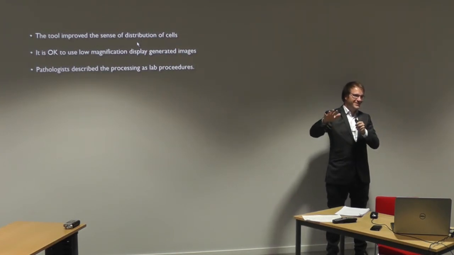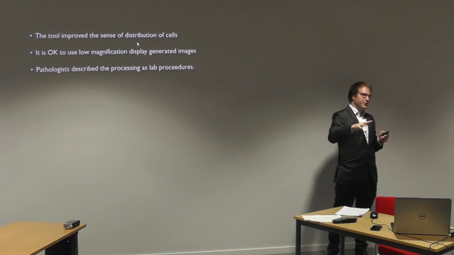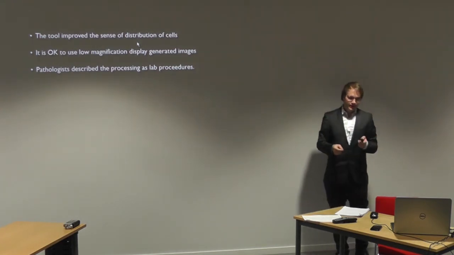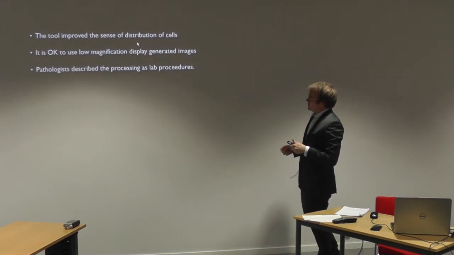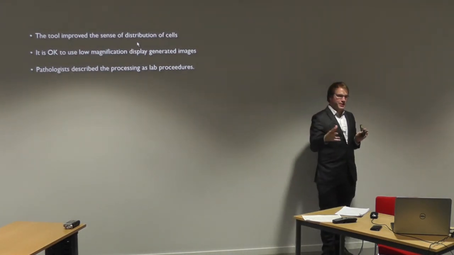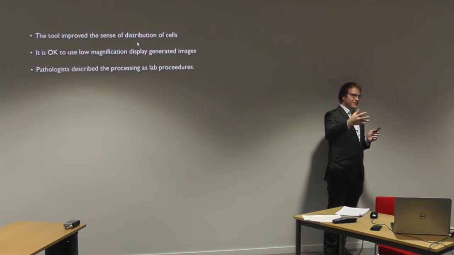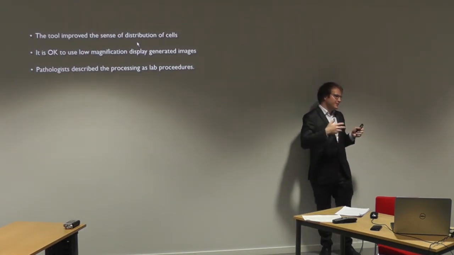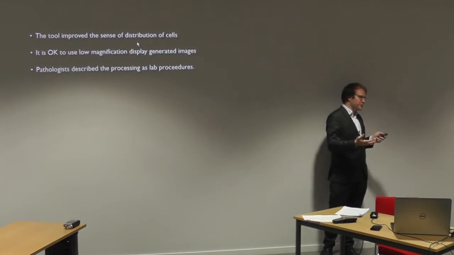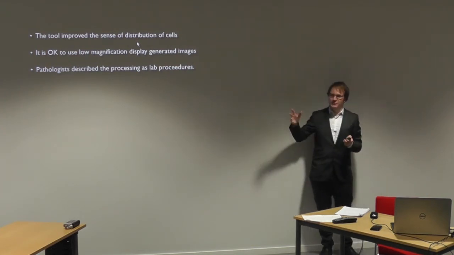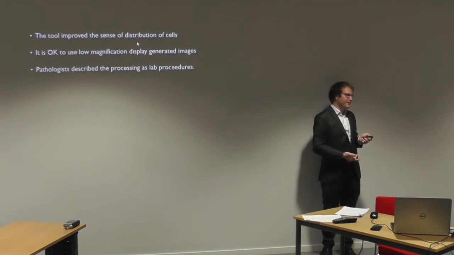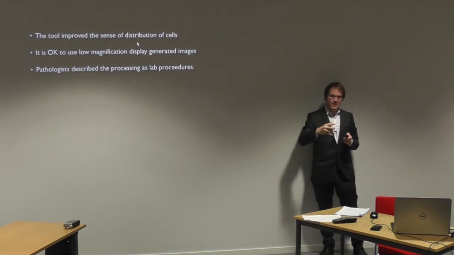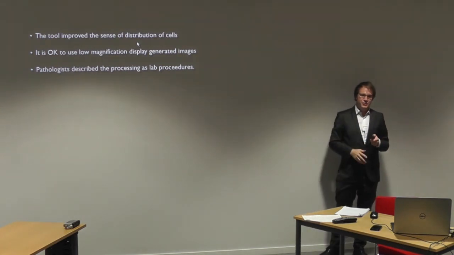which means that you can probably reuse this design pattern for other tasks as well, where you do processing in low magnification and then you zoom in to verify. And the third one, which was quite interesting, we had a discussion about: I asked them, how have I digitally processed the image? And then they all described the phenomena in terms of lab procedures. So the pale blue was described as something gone wrong in the lab, whereas the intensity increase of brown was described as you had a too sensitive immunostain here.